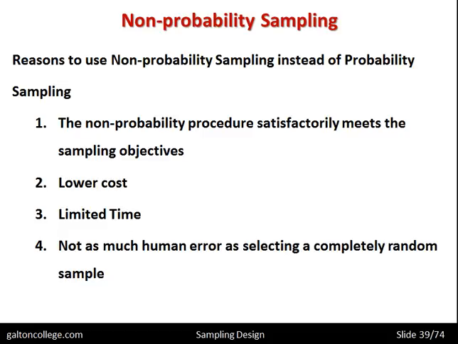I suppose the outcome of all of this discussion is that there is no panacea. There's no way that sampling can be conducted with any certainty, any absolute certainty. With non-probability sampling, the total list of the population is not needed.